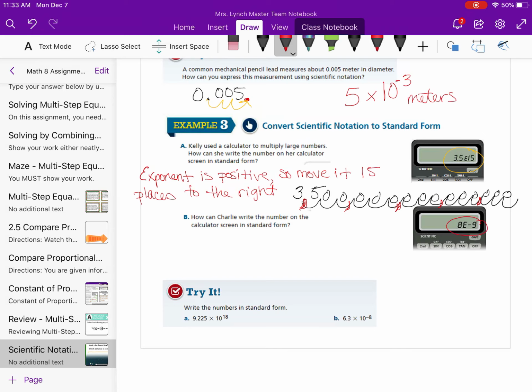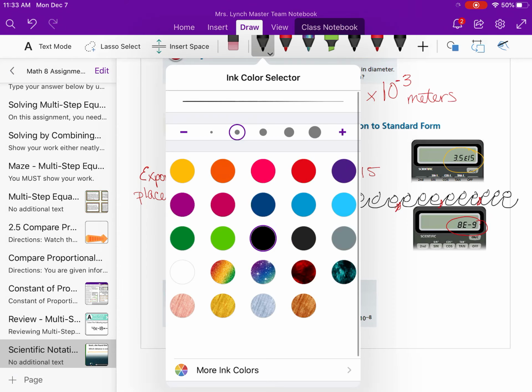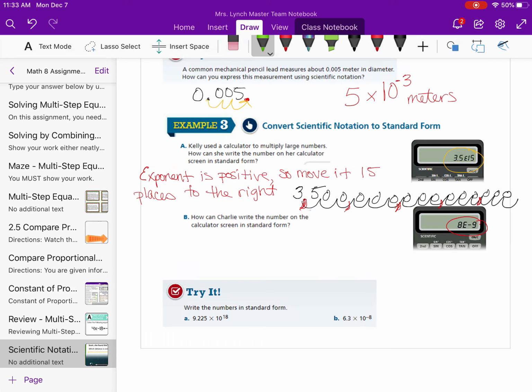So in this case, it's a negative 9. It says E negative 9. So again, we've already talked about this. Change the color. So since the exponent is negative, we're going to move it 9 places, again because it's a negative 9.